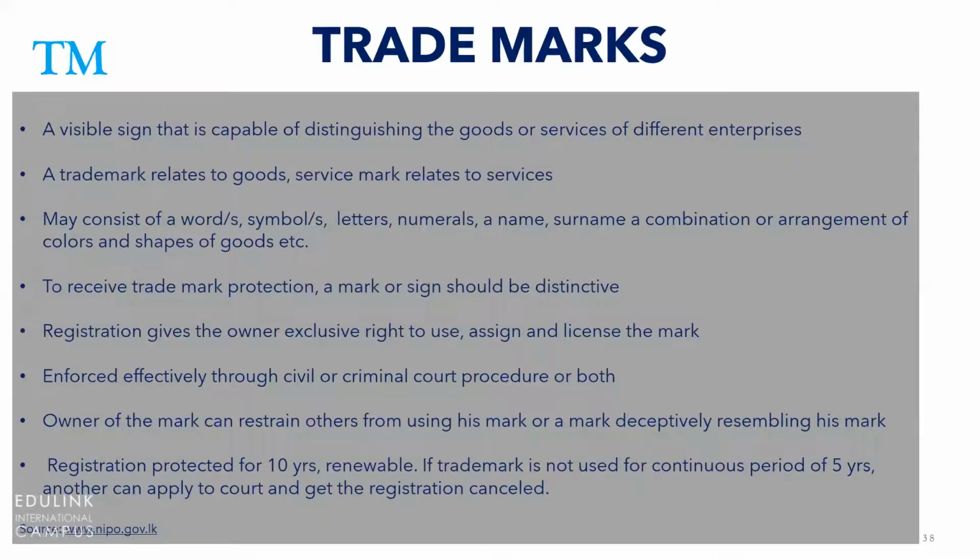So if we take a trademark, one of the key things to understand is that a trademark is a visible sign, and it has to be able to distinguish goods and services from other companies or other enterprises. So this is a key element.